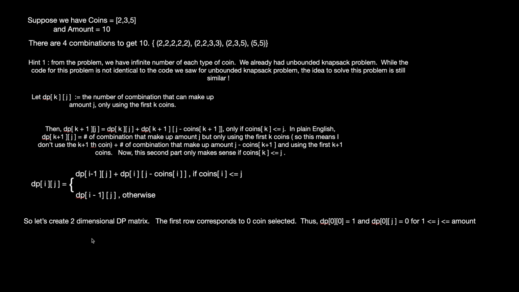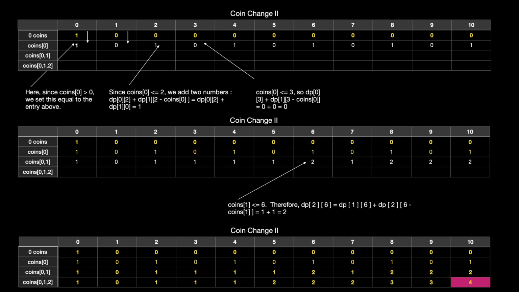Let's create a two-dimensional dp matrix. The first row corresponds to 0 coins selected. So dp of 0, 0 is 1, for example. If you look here, the first row corresponds to 0 coins, and only this entry is 1, and all other entries are equal to 0.